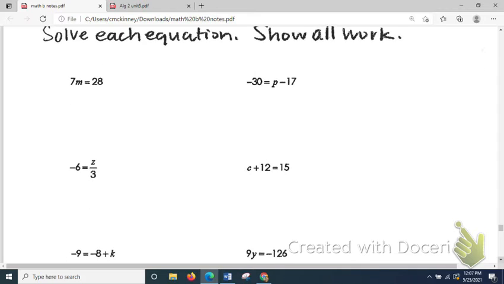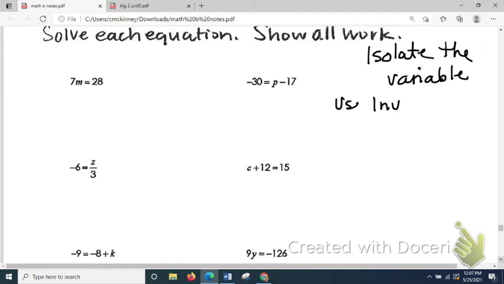And then you do need to be able to solve equations. So remember that the goal when we're solving an equation is that we want to isolate the variable, right? We're trying to get the variable by itself, and so we use inverse operations.